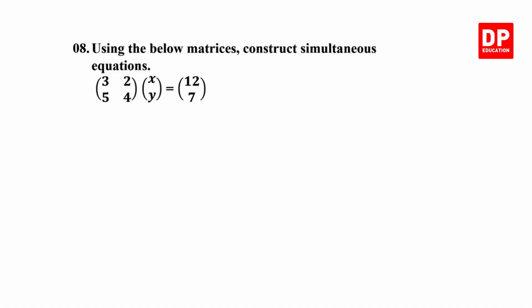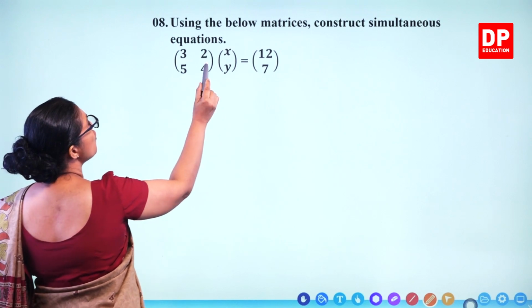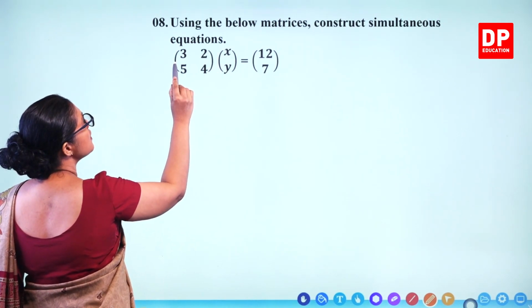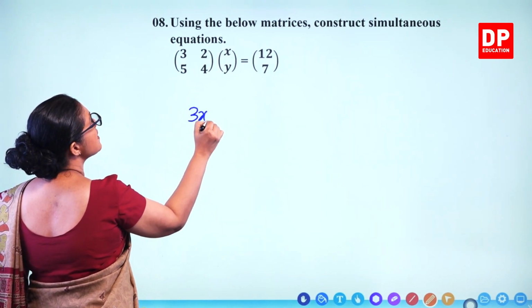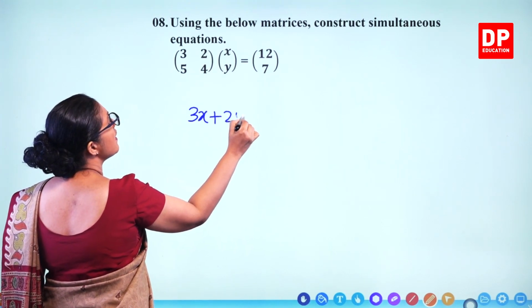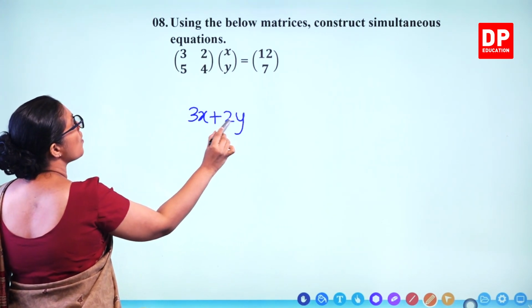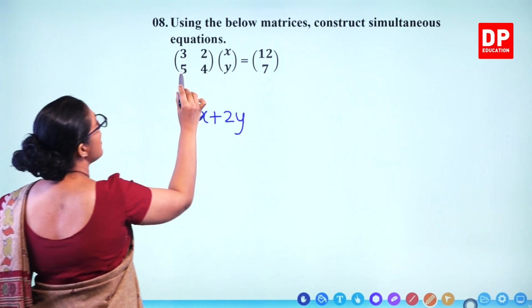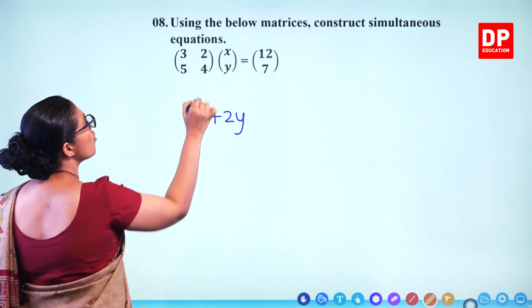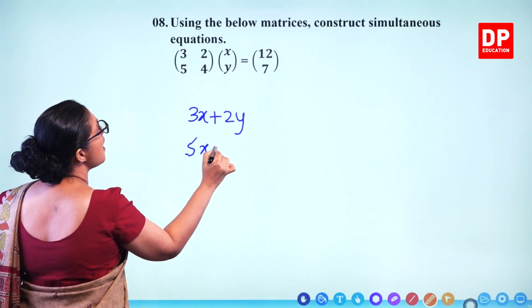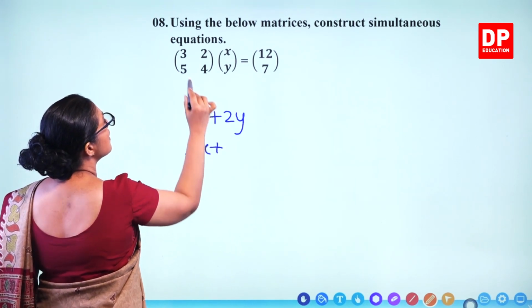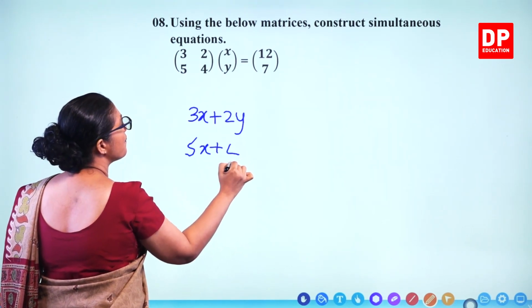Question number 8. Using the below matrices, construct simultaneous equations. So we'll construct first row with first column. When you multiply, 3x plus 2y is the first one. And the other one, second row with first column, 5x and 4y.